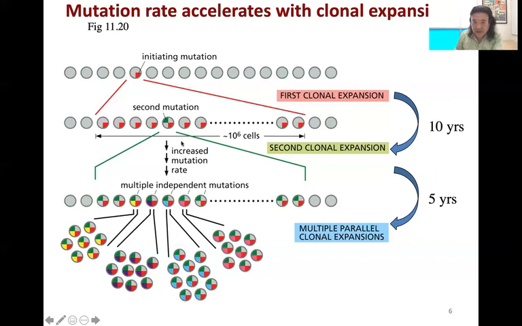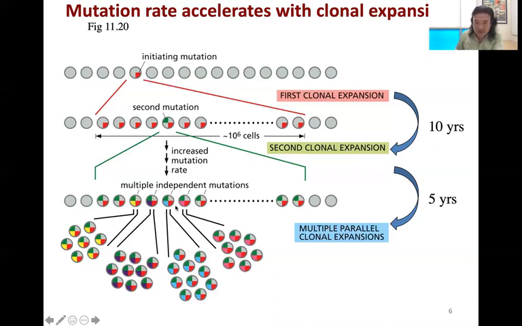So as a result, with that increased proliferation rate, the amount of time it takes in this second clonal expansion is shortened. So instead of 10 years, it takes maybe just another 5 years for this new version of this cell or this subpopulation to multiply, each one of these having the red mutation and the green mutation to start with. But now what's happening?